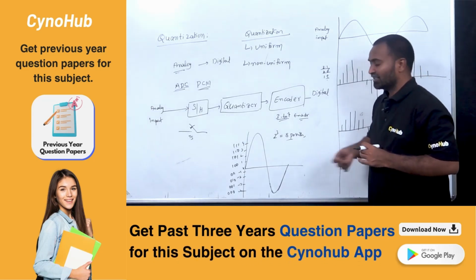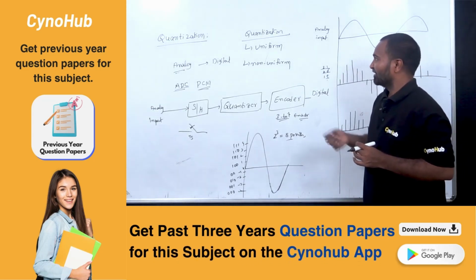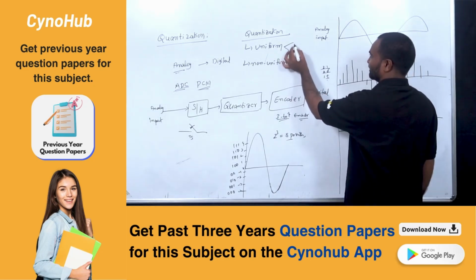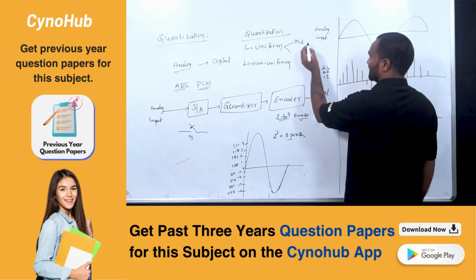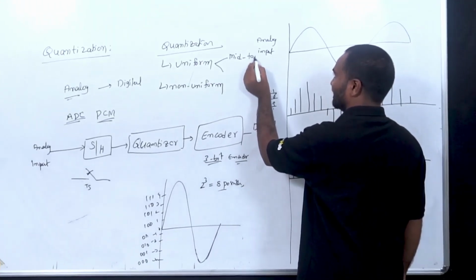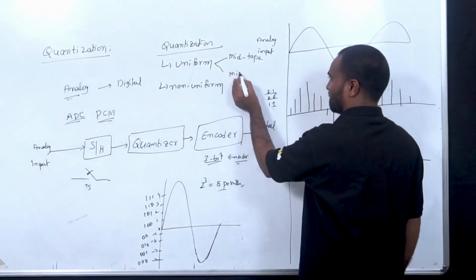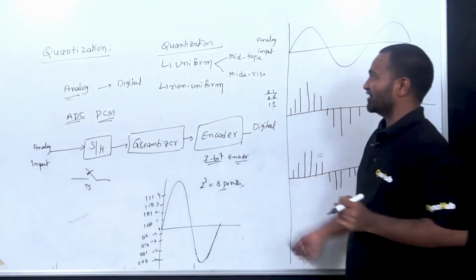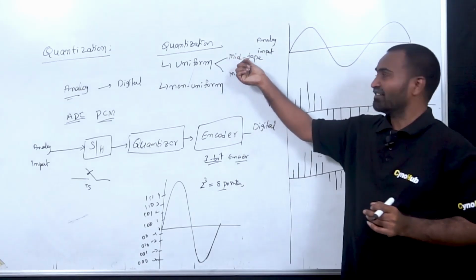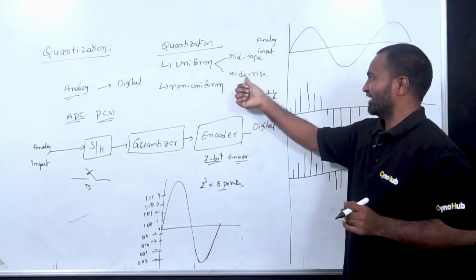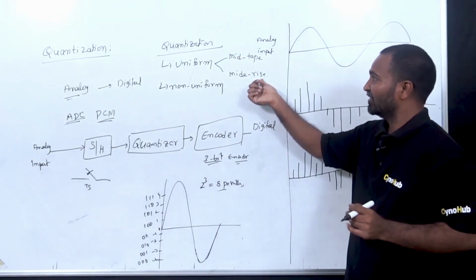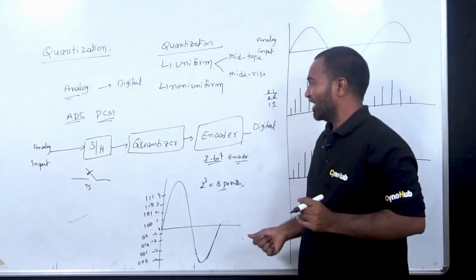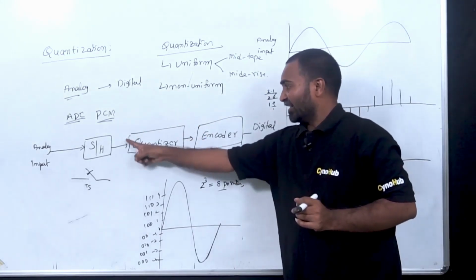The uniform quantizer is divided into two ways: the first one is mid-tread and the second one is mid-rise. So these are the different types of quantization techniques, and the error that occurs in the quantization is called quantization error.